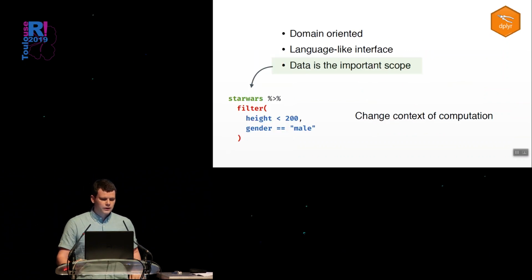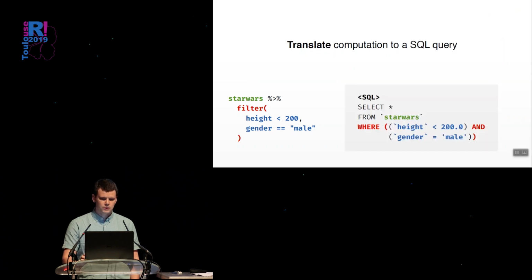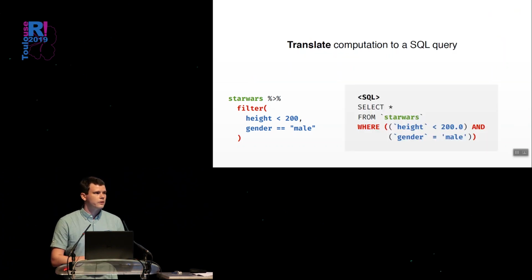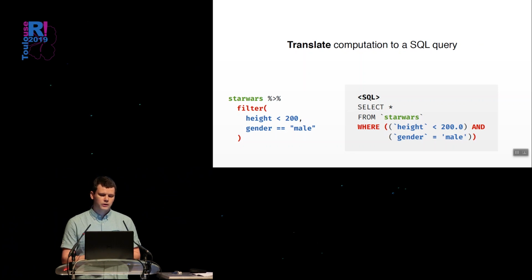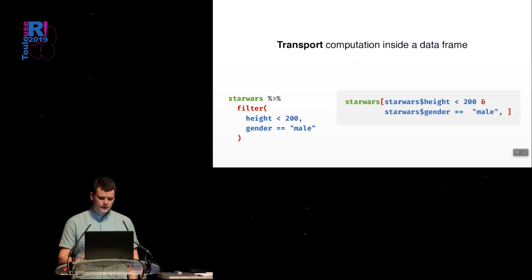In this kind of interface, data is the important scope because you can refer directly to your data frame columns as if they were in the workspace. The way that works is that we change the context of computation. In dplyr, that can mean something very general, like translating your computation to a SQL query and then executing it in a SQL database.